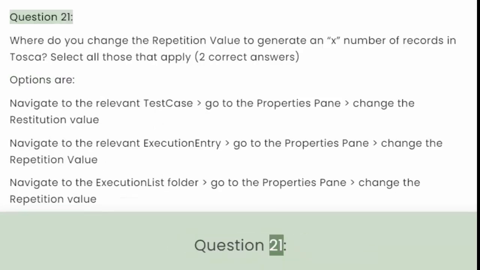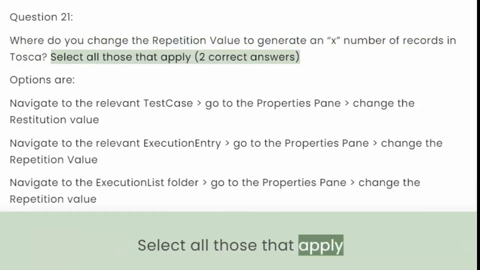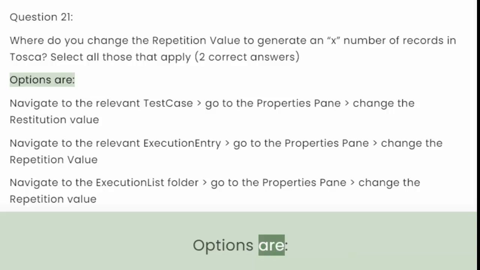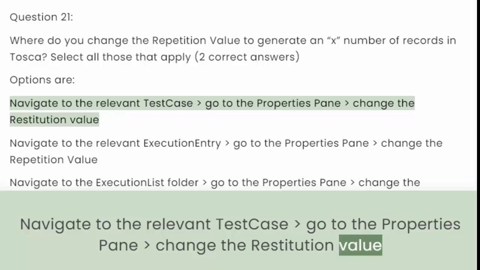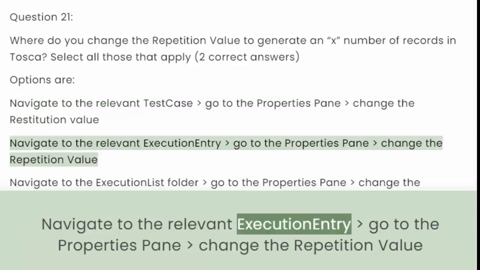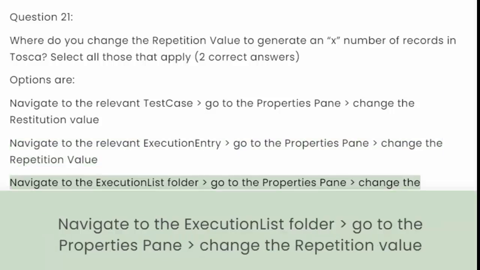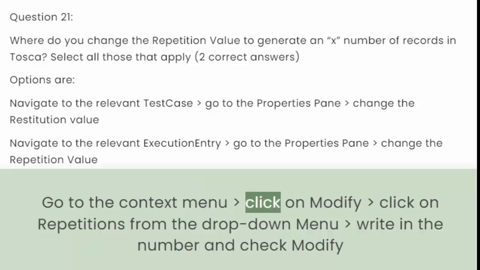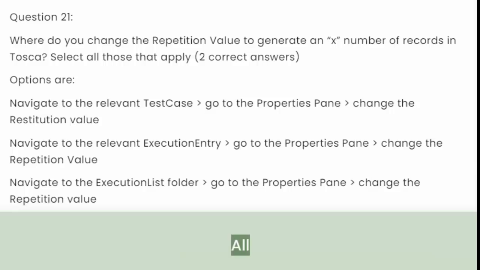Question 21. Where do you change the repetition value to generate an X number of records in Tosca? Select all those that apply. Options are: navigate to the relevant test case, go to the Properties pane, change the repetition value; navigate to the relevant execution entry, go to the Properties pane, change the repetition value; navigate to the execution list folder, go to the Properties pane, change the repetition value; go to the context menu, click on Modify, click on Repetitions from the drop-down menu, write in the number and check Modify All.